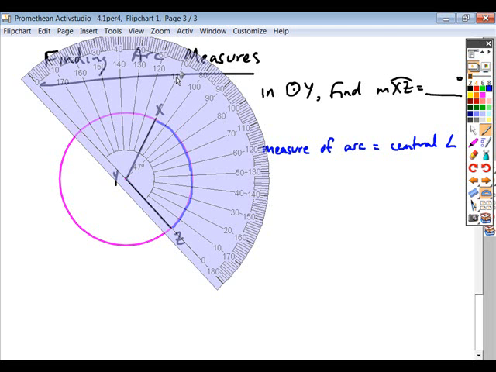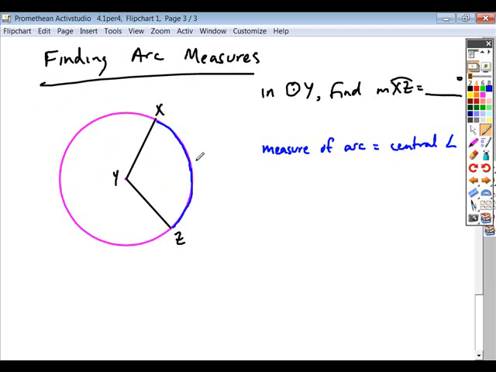It says 70, 110. Which number is it going to be? 110. Again, be very careful of that. So we see that since the central angle measure is 110, the corresponding arc measure is also going to be 110. So that's how you'll find those if you're looking to solve for them.